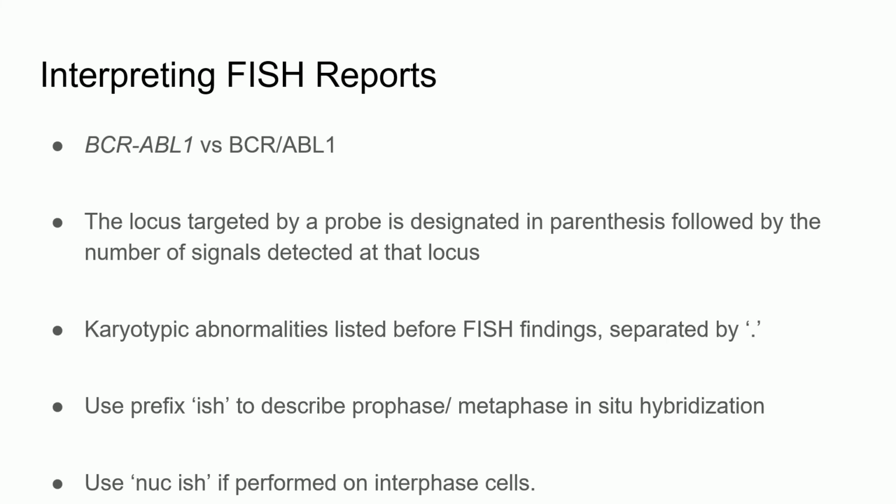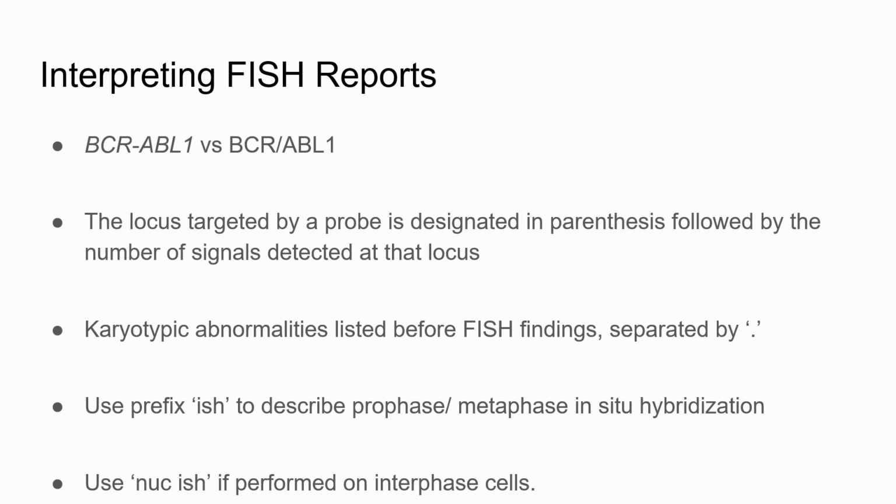I will not be digging too far into the weeds on how these probes are named. In the clinical setting, FISH probes are generally designated by the gene they target. If FISH is to be reported alongside karyotype results, we report the karyotype first, followed by the FISH results after, and separate the findings with a period. Oftentimes, though, two separate reports are issued to avoid any confusion by the clinicians.